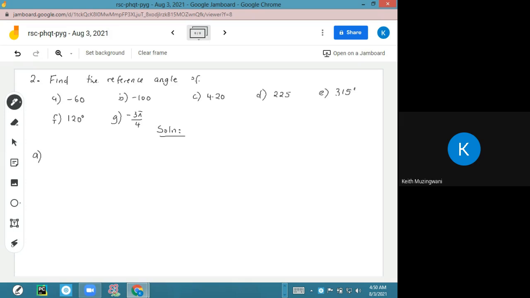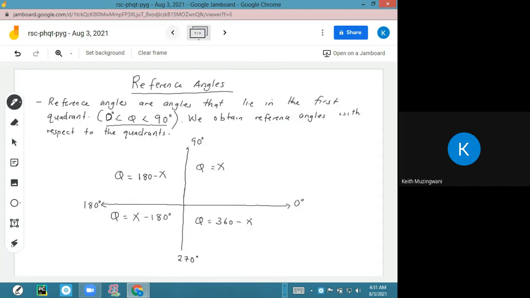So A, we want for negative 60. The first thing we do, since by definition reference angles are angles that lie in the first quadrant: negative 60 is not anywhere catered for in the formula here. We have angles from 0 to 90, 90 to 180, 180 to 270, 270 to 360.